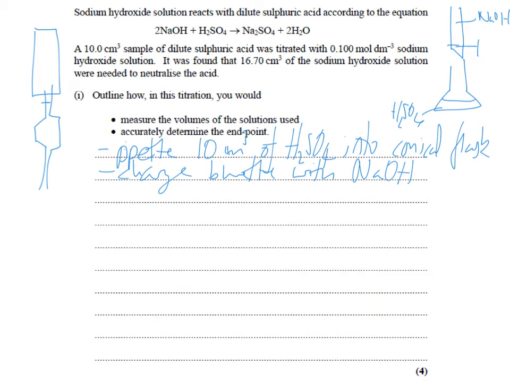But if we did that now, we wouldn't know when we had neutralised all the sulfuric acid. So you need to add an indicator to the sulfuric acid. So you can choose any indicator you like except universal indicator for this experiment. And the reason you can't use universal indicator is because it has a range of colours. So it's very, very difficult to determine the exact end point.